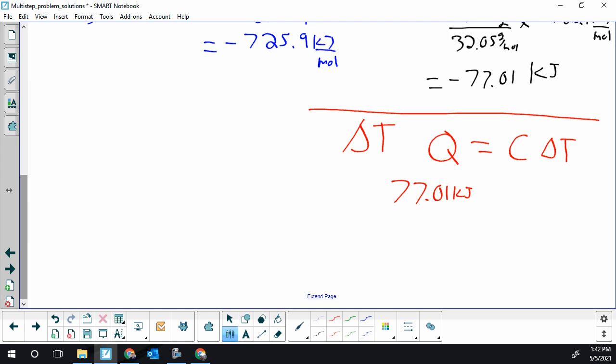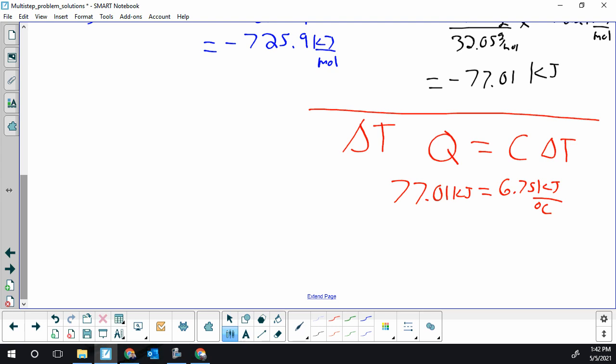I'm not putting the minus in because now I'm leaving the vector and going to the scalar Q. Okay. Equals C, that is 6.75 kilojoules per degree Celsius.